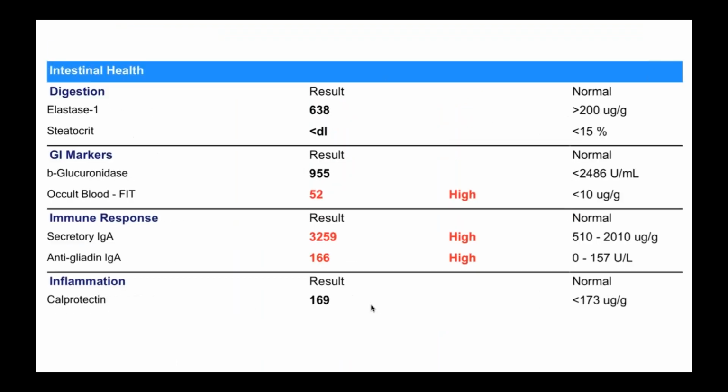So again, that may be one of the contributing factors to this high level of the anti-gliadin IgA. Another connection potentially to make here is between the presence of Pseudomonas aeruginosa and the anti-gliadin IgA.